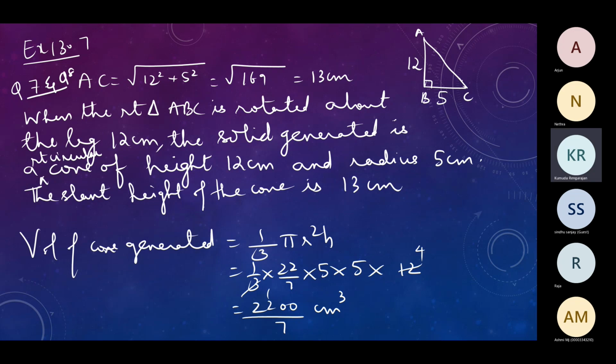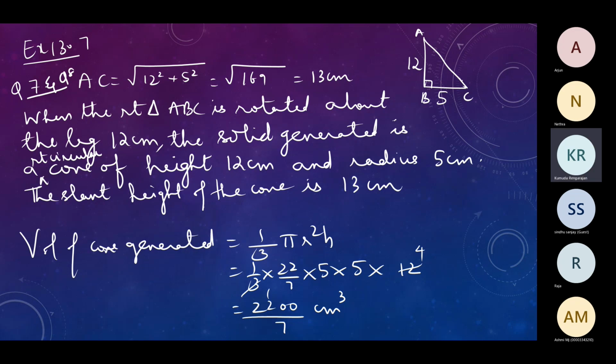When you turn it about the side 12 centimeters, the solid generated is a right circular cone, with height 12 centimeters. The other leg, BC, 5 centimeters, will become the radius of the cone. And the hypotenuse, AC, 13 centimeters, is the slant height of the cone.